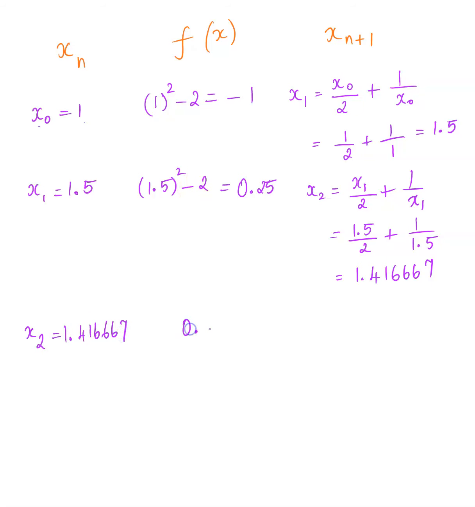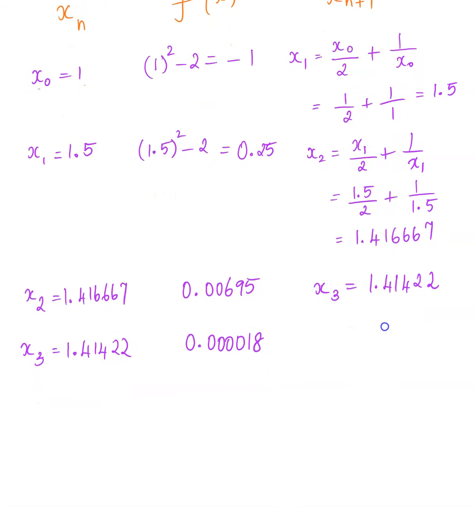The corresponding value is 0.00695. I'm not showing the computation, I'm just giving you the final answer here. And then x3, using this x2, comes out to be 1.41422. When x3 is 1.41422, the corresponding f of x comes out as 0.000018.